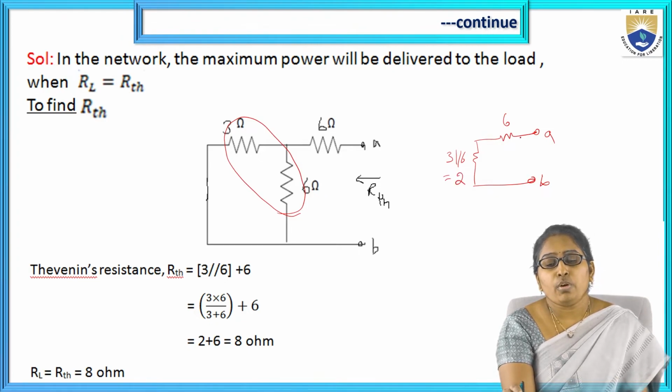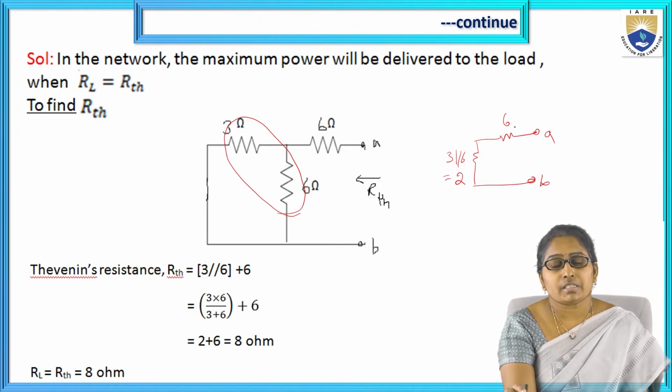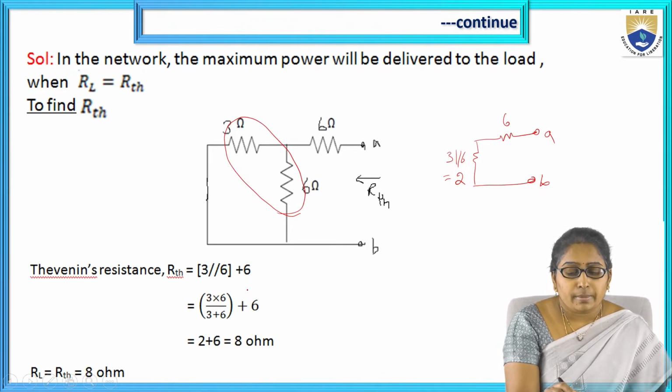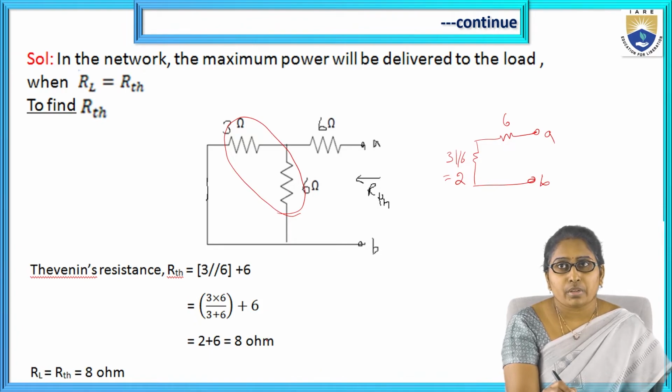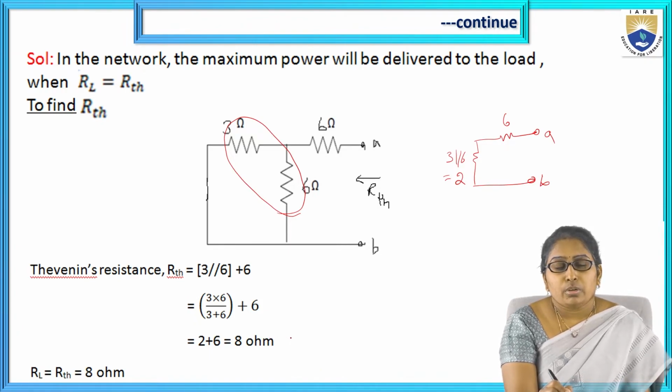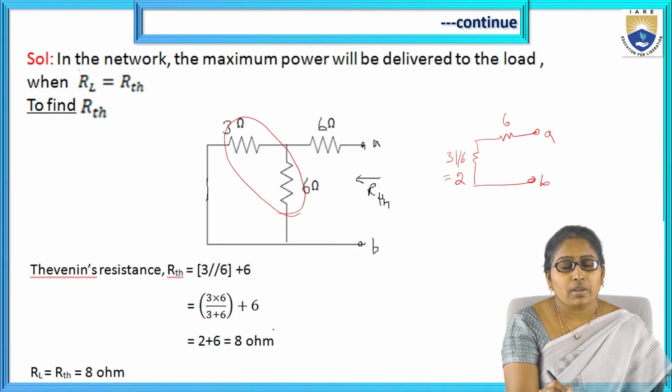Then this 2 ohm and 6 ohm are in series, so 2 plus 6 gives 8 ohm. So the final value of total resistance, or Thevenin's resistance, is 8 ohm.